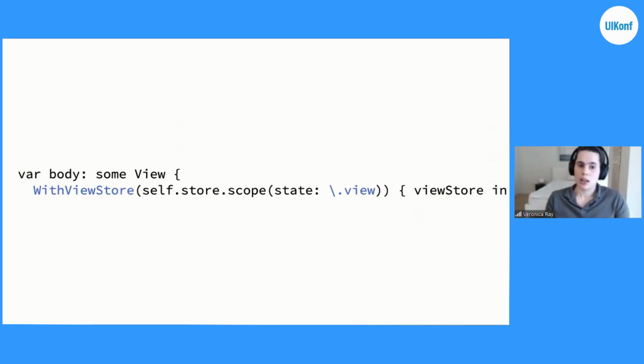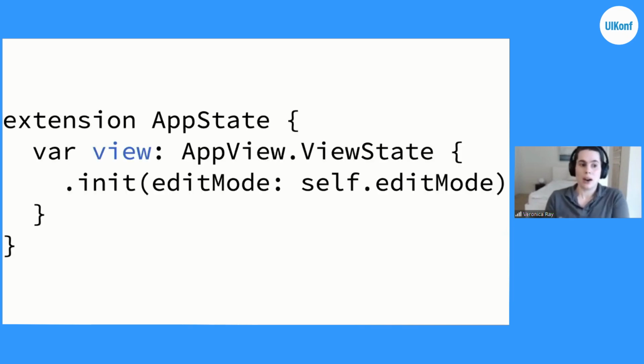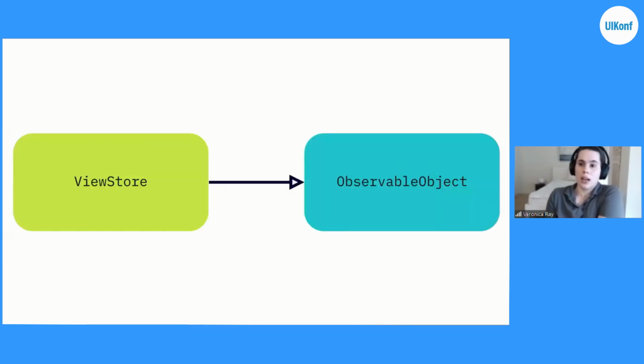So the composable architecture provides this with a view store initializer. And so you can really scope your store to just the data needed to render what's really on screen right now. And this is how you implement it. And the really key idea here is that you're avoiding this over notification.